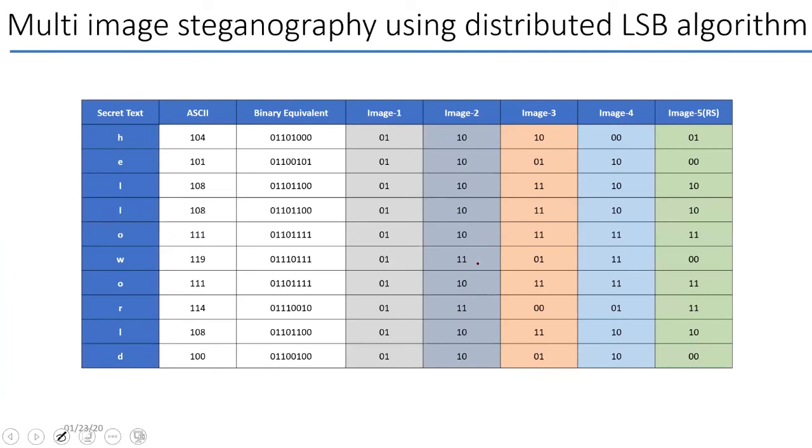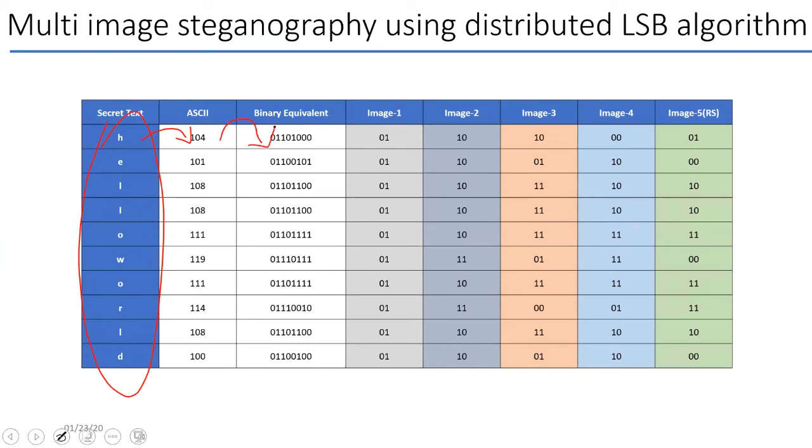For example, let's say I am going to send the hello world text. This is the text that I am going to send, and H in ASCII is 104, and 104's binary equivalent is this, 01101.